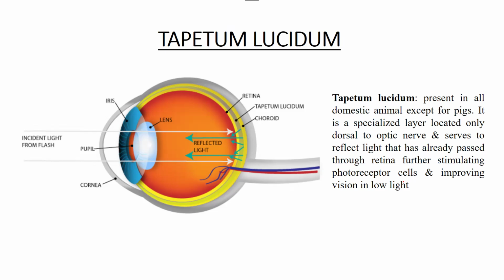The light that falls on the retina but is not absorbed by photoreceptors is reflected by the tapetum lucidum, and that stimulates the photoreceptors a second time. So vision efficiency increases in low light.